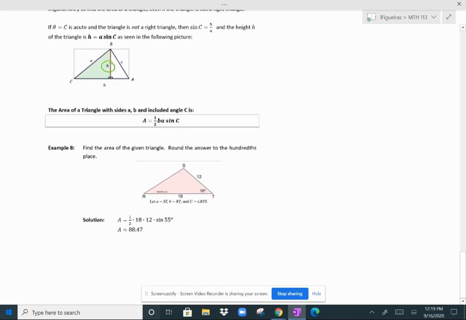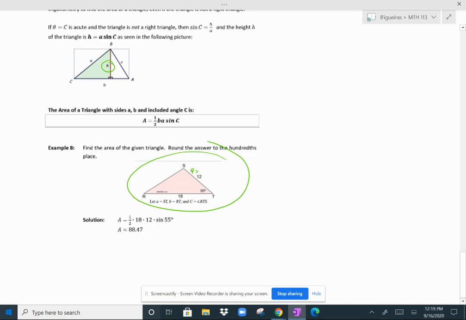So here we're going to find the area of a triangle, rounding the answer to the hundredths place. Here is our triangle. It's called RST. I'm going to call side A ST, which is equal to 12.